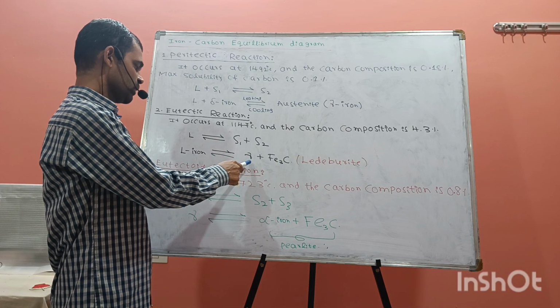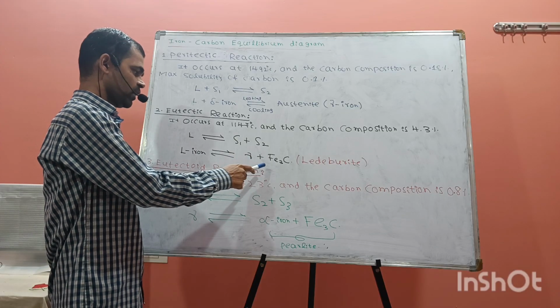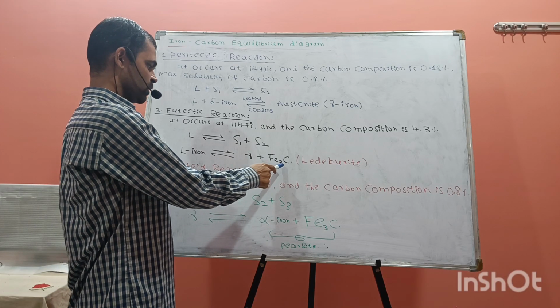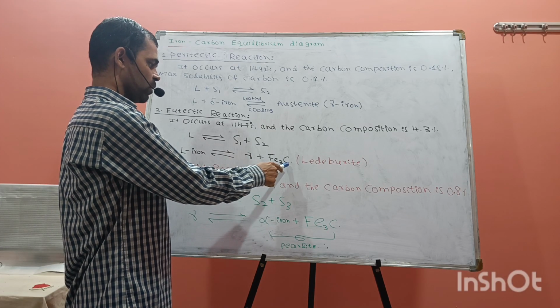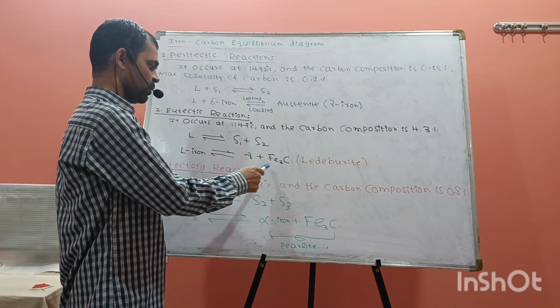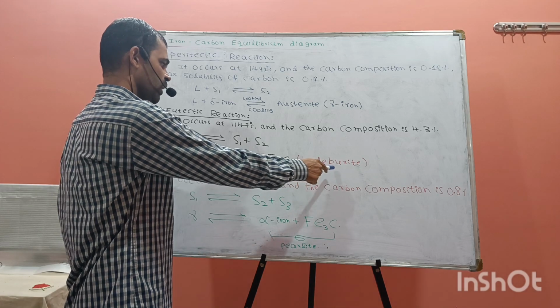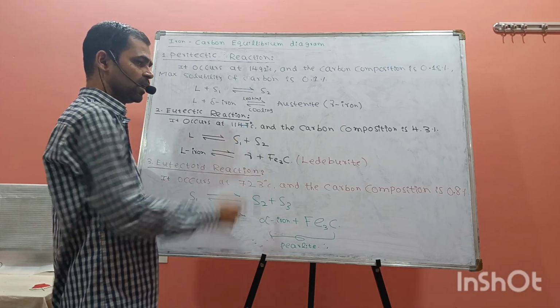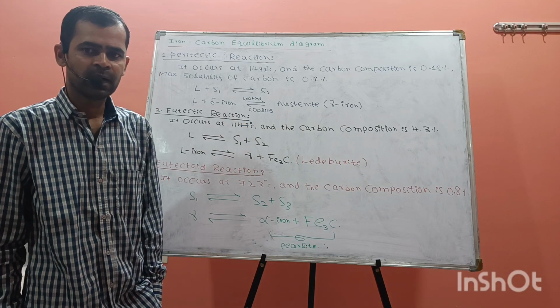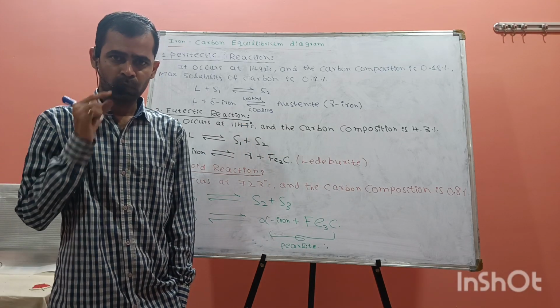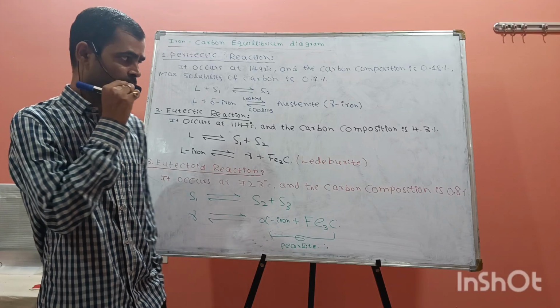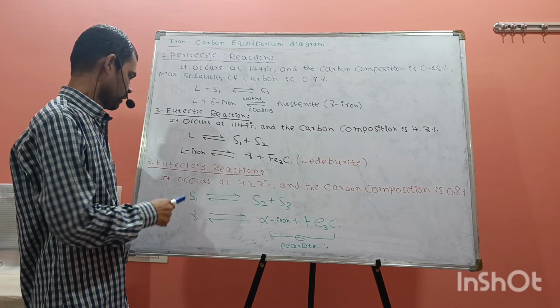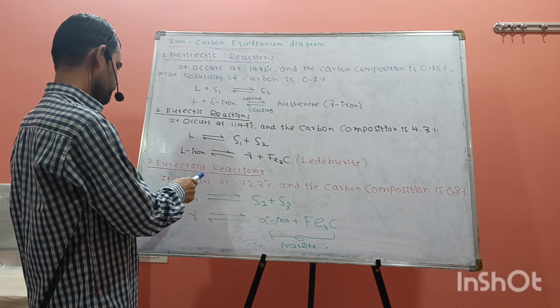Gamma is nothing but austenite and Fe3C is iron carbide or cementite. This mixture is called ledeburite.